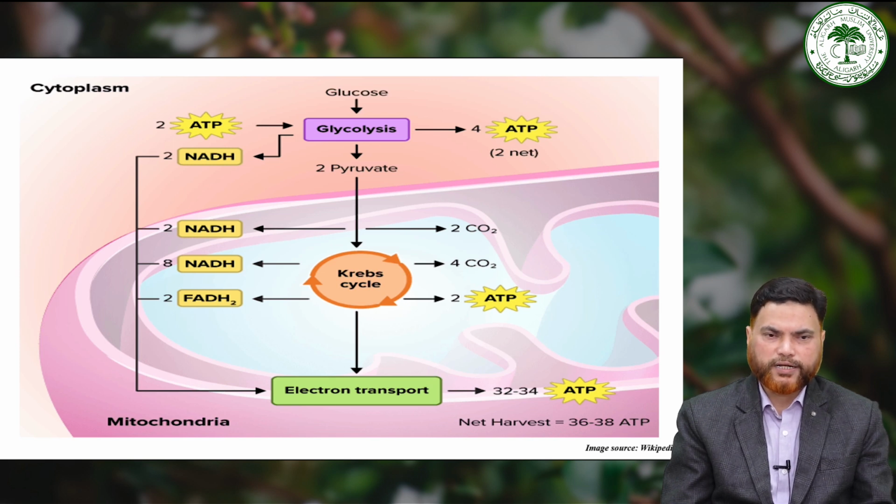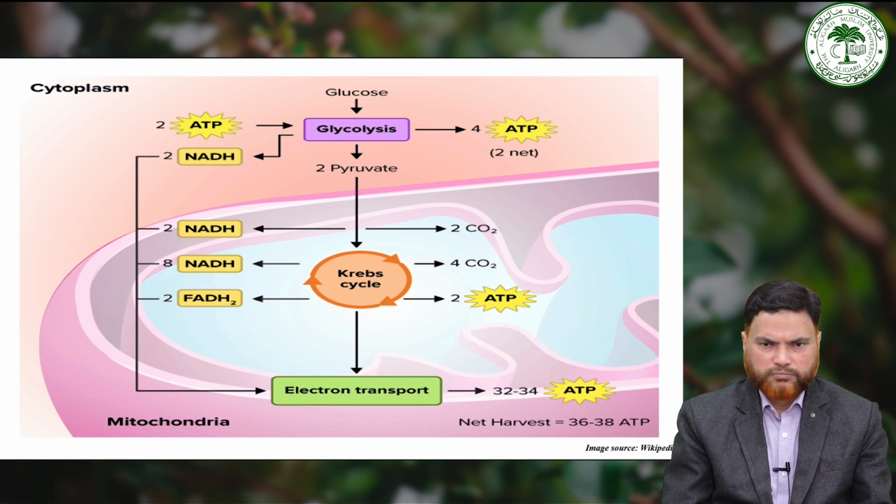So this energy is basically used to pump protons across the mitochondrial membrane and then creating an electrochemical gradient. So you see that the flow of protons back into the mitochondria occurs through ATP synthase, which drives the synthesis of ATP in the process known as chemiosmosis.